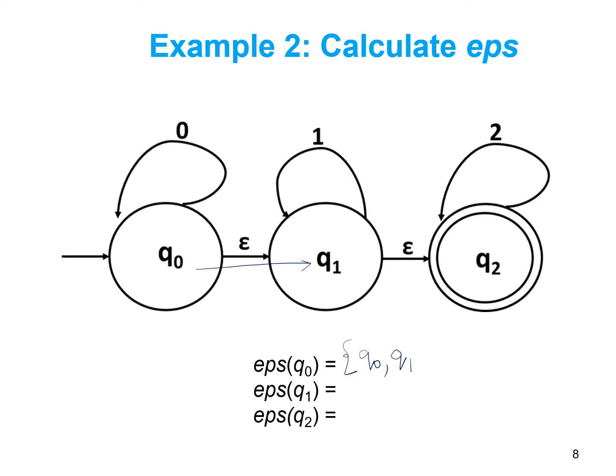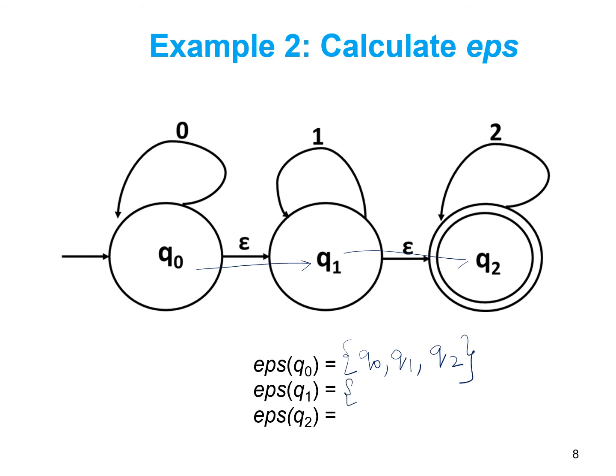Next, from Q1 again there is an epsilon transition going to state Q2. So Q2 is also included in the EPS. So EPS of Q0 is Q0, Q1, Q2.